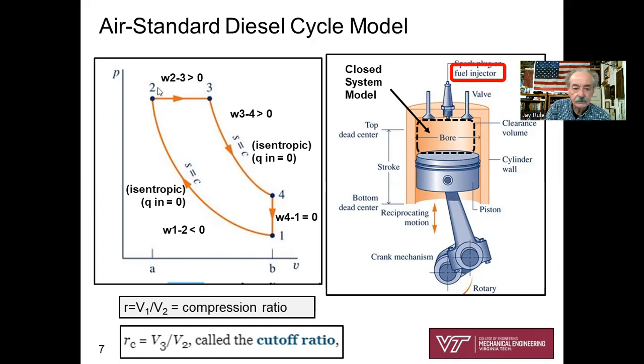Now we're going to study the diesel cycle model, and we've got another piece of jargon called the cutoff ratio. Look, that's simply defined as r_c equals V3 over V2. In other words, the volume at the end of the heat addition, the constant pressure expansion process. V3 over V2 is called the cutoff ratio. You need to commit these two jargon definitions to your memory, or at a minimum, get them on your formula sheet.